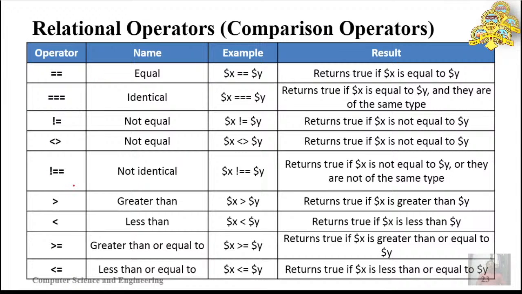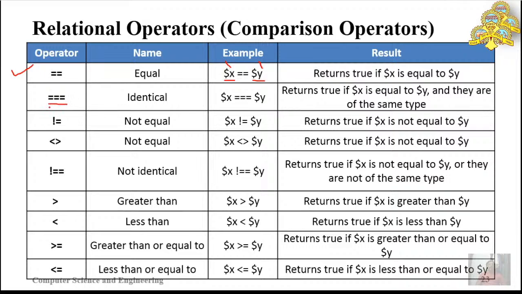Relational operators. Some new operators you will learn here. One is the double equal sign. This is already utilized in C and Java. Here if $x double equal sign $y is used, then it returns true if the value of x is equal to the value of y. And here is the triple equal sign.